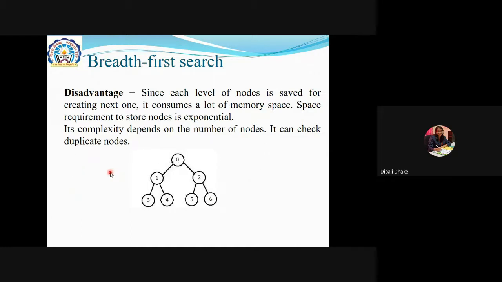Have you understood how we can say it has some disadvantages? Suppose this is my starting point, my root node, and I want to reach 5. When I follow it, it is easy: 0 to 2 to directly 5. But I don't have any exact information that my goal is 5, so I have to do some trial and error.